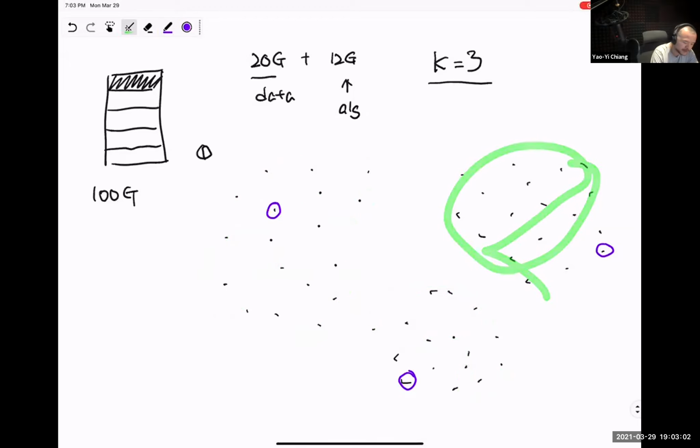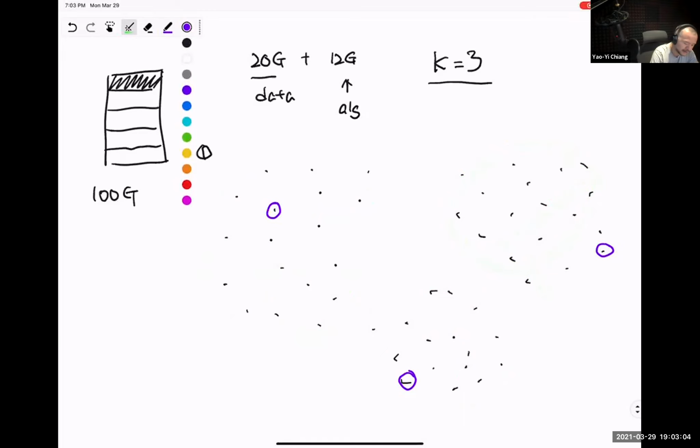The difference from k-means is that you assign a point to this cluster because it's closer, however you do have a distance threshold to say, all right, this point is too far away, I don't want it. So eventually your cluster might look just like this.